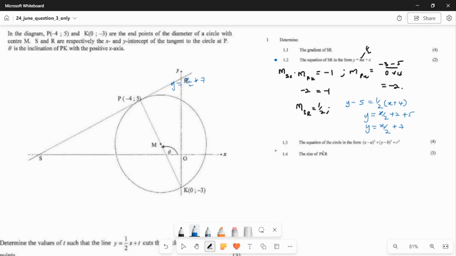Question number 1.3. Determine the equation of the circle in the form of x minus a all squared plus, okay, that general equation of a circle. So in this case, we need to know the center of this circle. And fortunately, we are given 2 points, so we can find the midpoint of P and K to find M. Let us do it here. The midpoint of PK.